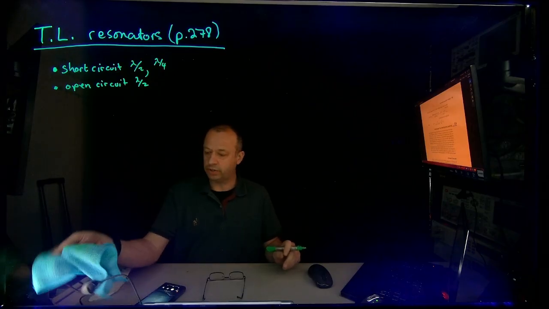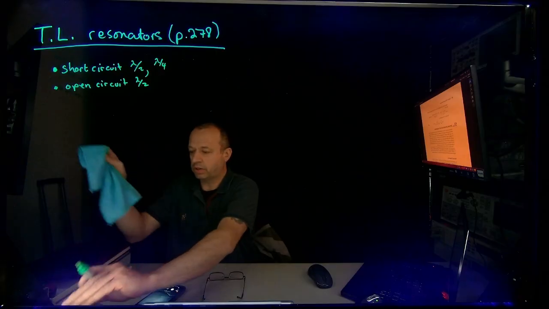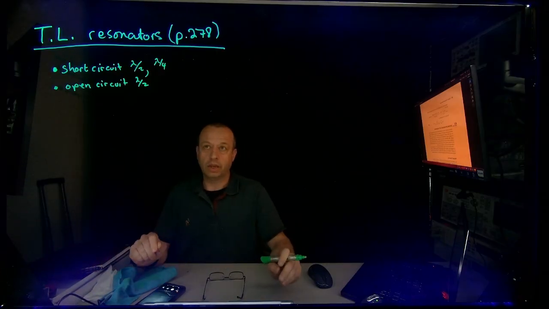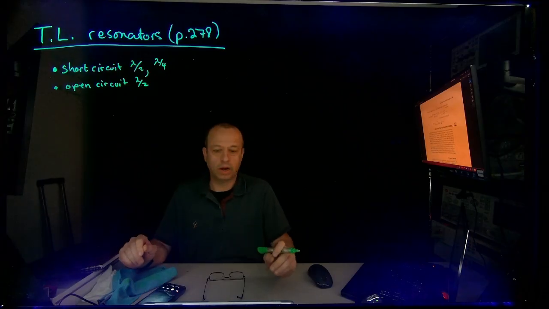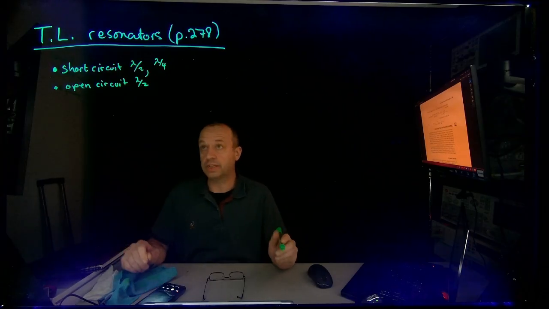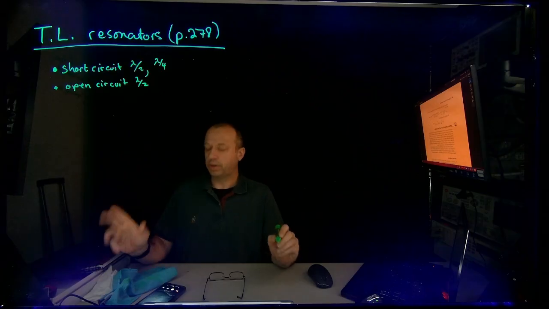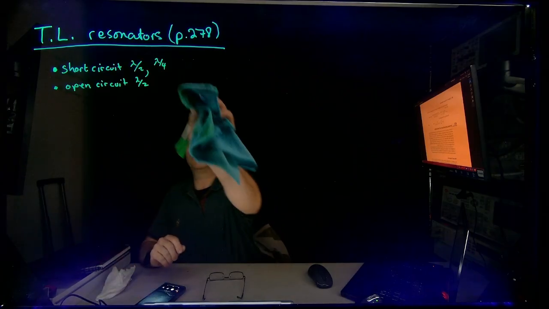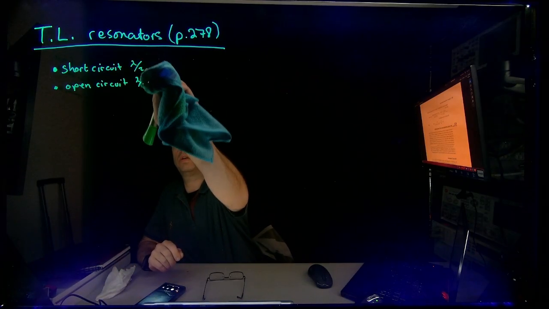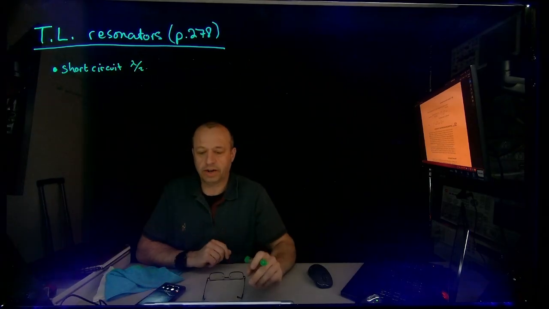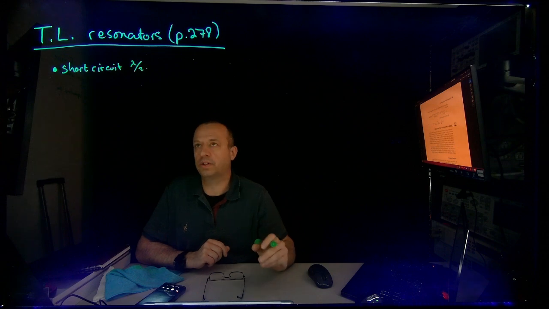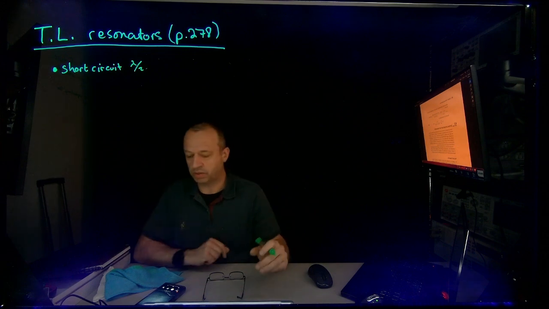I will try to go through this as intricately as I possibly can, and I will try to break this up into a few videos depending on how long these take. So initially we're just going to start off with the short circuit half wavelength line. One of the things that you're going to need to see is what this means.